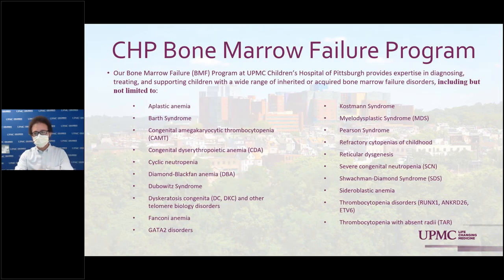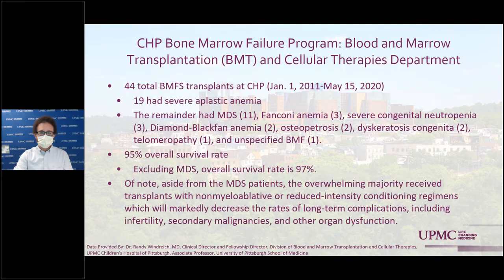Here's a list of several disorders that we see. Some of the ones I talked about, plus some of the other ones I unfortunately didn't have enough time to talk about throughout. Specifically, like I said, we work very closely with our bone marrow transplant team. And I was able to get some data from our clinical director from the bone marrow transplant team, Dr. Windrich.